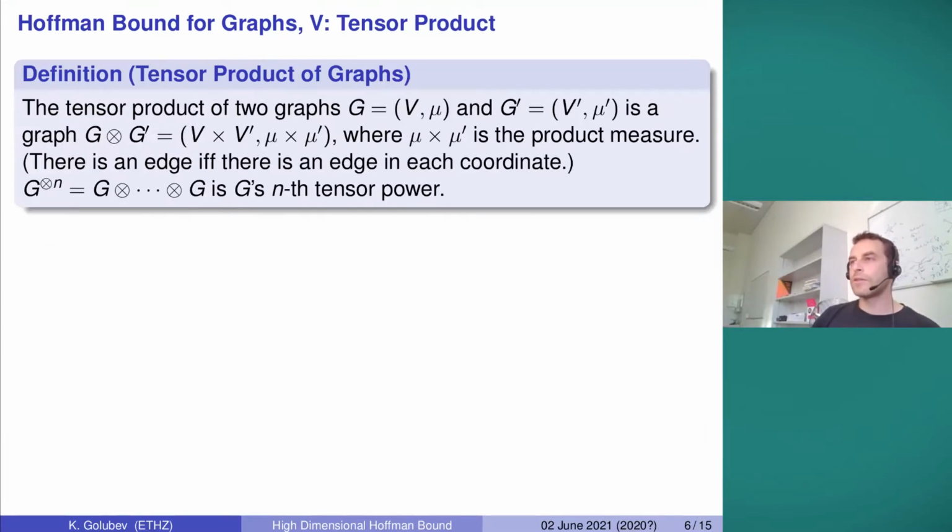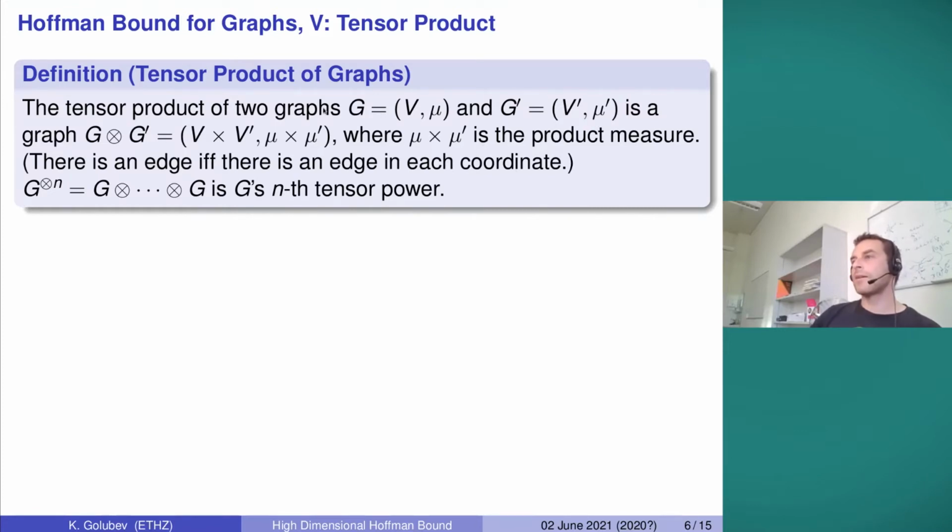The Hoffman bound has another good property. If you take the tensor product of two graphs, in the non-weighted version, your vertex set is the Cartesian product of the vertex sets, and you connect a pair with a pair if you have an edge in every coordinate.